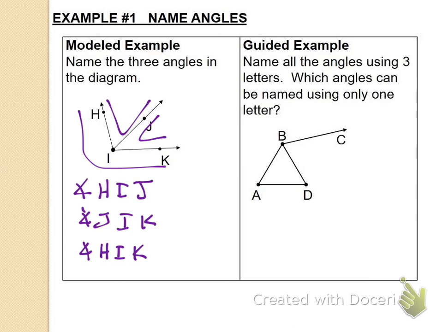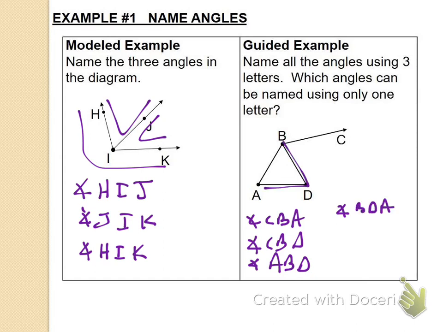All right. Did you find angle CBA? That's this guy right here. Did you find angle CBD? That's this guy right here. How about angle ABD? That's this guy right here. How about angle BDA, which is this guy right here?